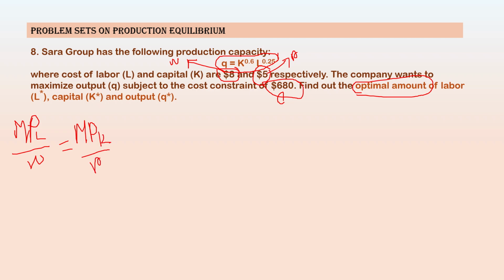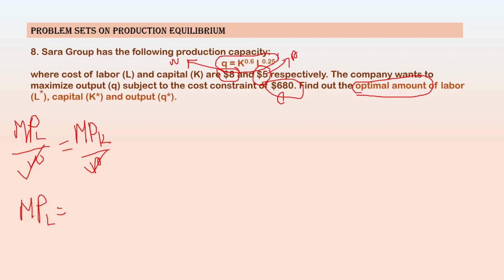So for this to work out, the knowns are W and R. We already know what these values are, but we don't know the marginal production with respect to L and K. So we need to find out those values first. To find out those values, we know marginal production is basically the first derivative of the product function.